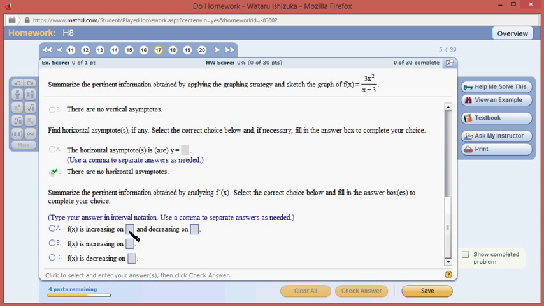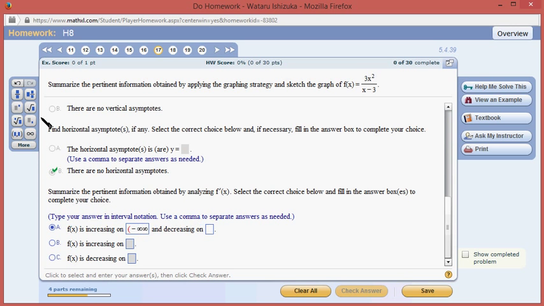So it's increasing from negative infinity to 0, and also, we have to use a comma to separate them, and from 6 to infinity, and decreasing between 0 and 6.